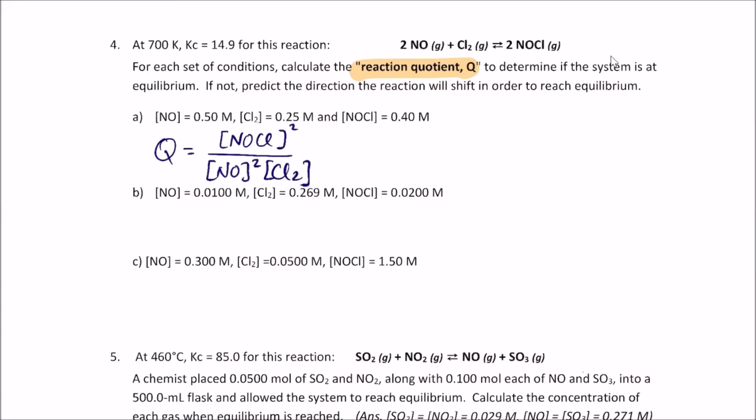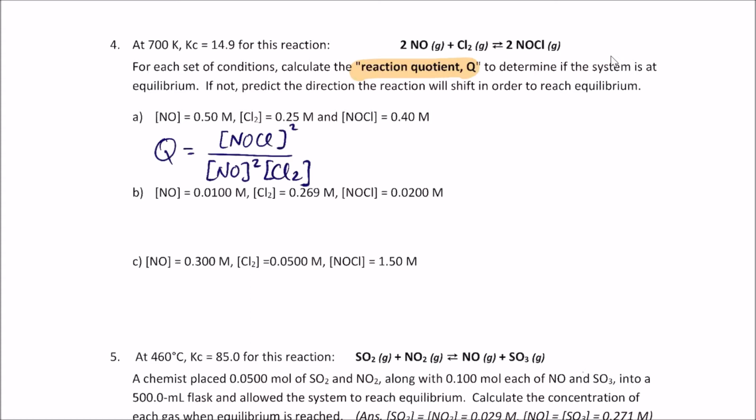Now we have a set of conditions in part A: the NO, the Cl2, and the NOCl. We know their concentrations. The question wants to know, is this set of concentrations at equilibrium? Is this an equilibrium set of conditions?